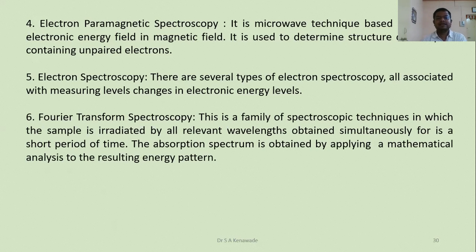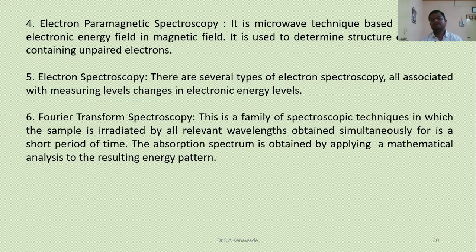In short, we call it FT spectroscopy. This is a family of spectroscopic techniques in which the sample is irradiated by all relevant wavelengths simultaneously, for a short period of time. Then the absorption spectrum is obtained by applying a mathematical analysis to the resulting energy pattern.